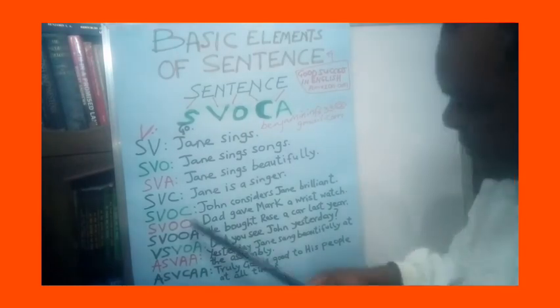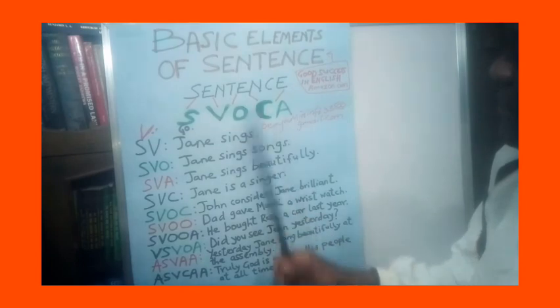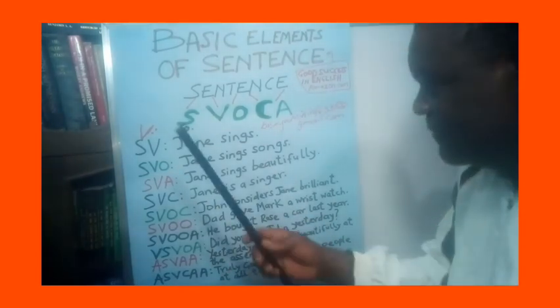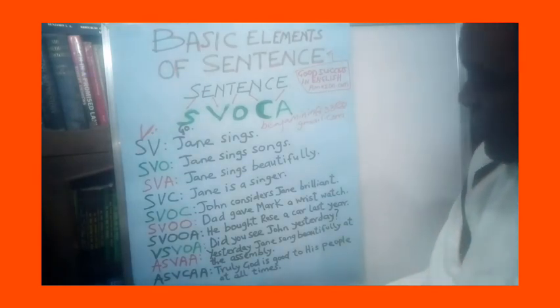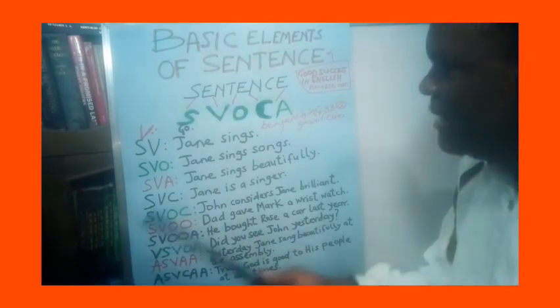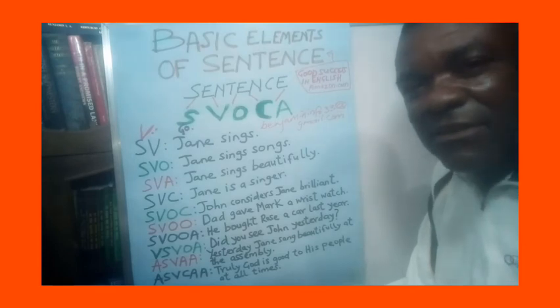So these are the various elements, the basic elements of sentence, and how they can combine to give us various sentence structures in English. And of course, we have already seen the importance of studying the basic elements of sentence.